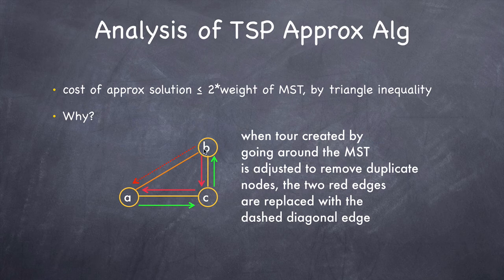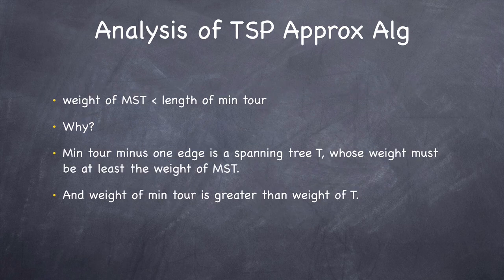Now, as I already mentioned, when we go in a tour from B to C and then to A, if we go directly, then this way is shorter than the detour through C. So when the tour created by going around the minimum spanning tree is adjusted to remove duplicate nodes, we get something which is less than twice the minimum spanning tree.